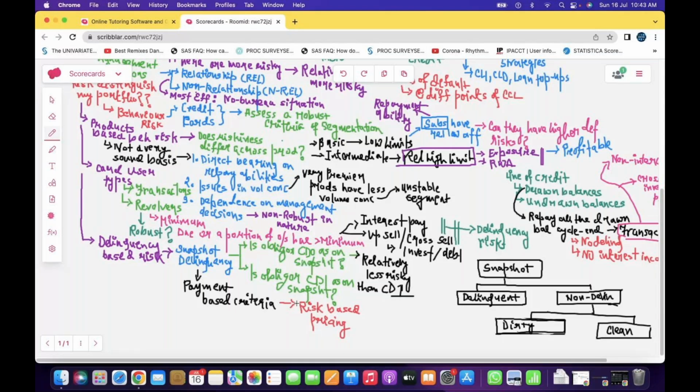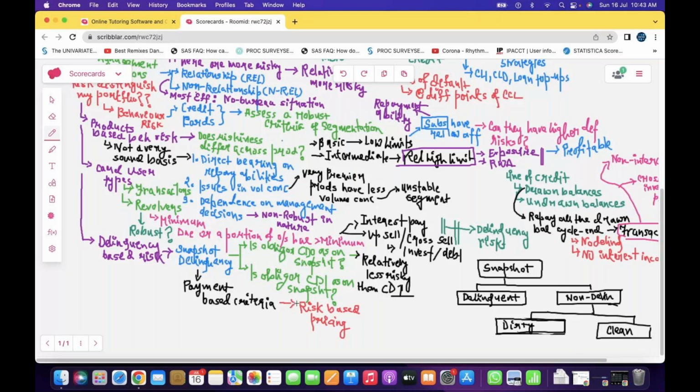Whereas the good borrowers who are non-delinquent and clean, and have never been delinquent under all situations, will be getting the best rates. They will be getting the highest of the credit limit increases and so on. That's how this segmentation is very useful, right?